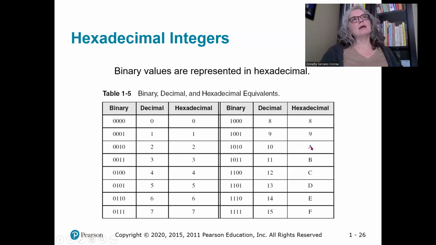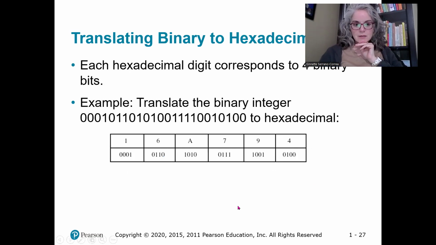I know you can go A is 10, B is 11, but just try to remember like F is 15, A is 10, and try to remember what each one of these letters represents, just so that it goes by faster when you're calculating, okay? And always remember four ones is F or 15.